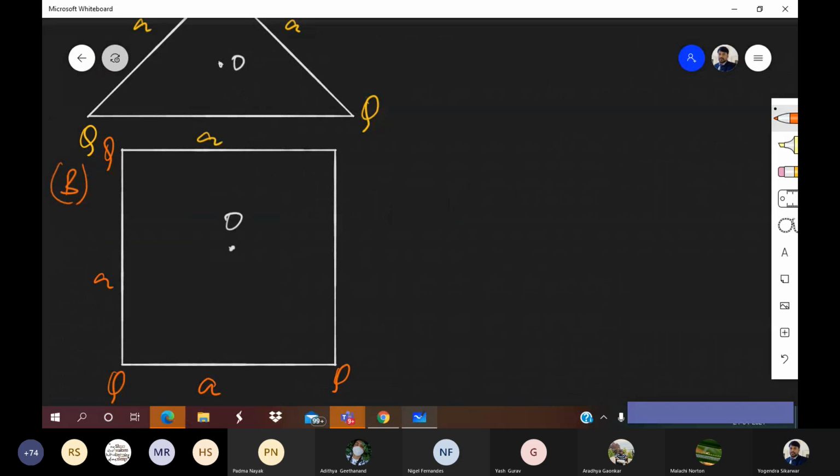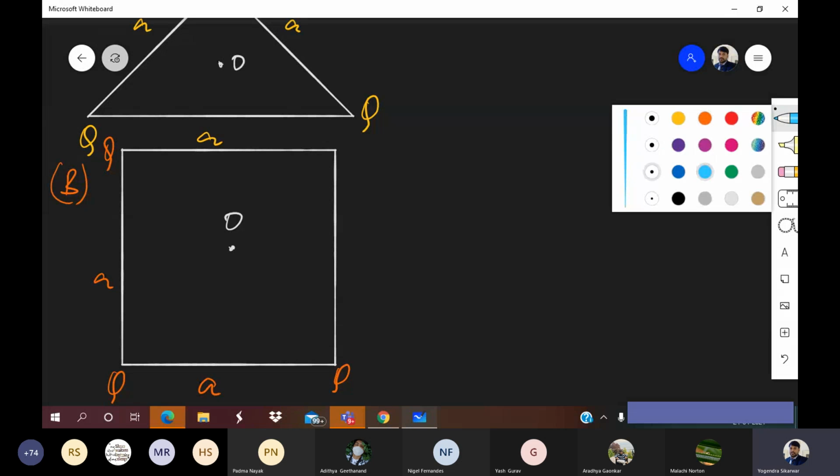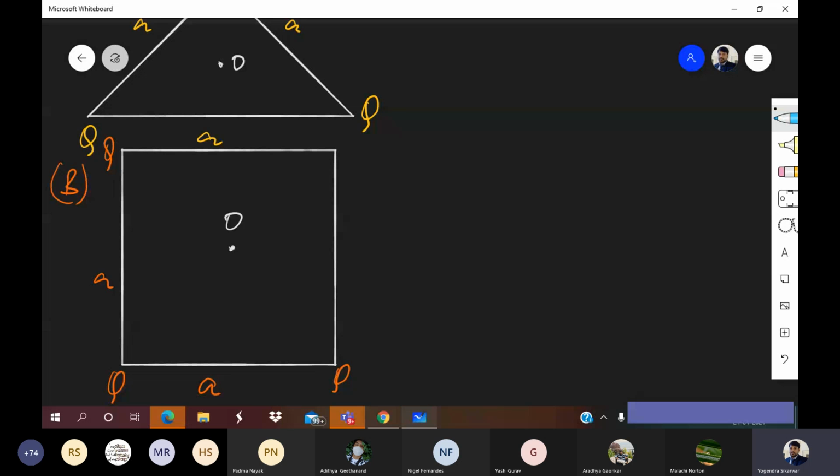Suppose I get one more identical charge from somewhere and I put it here, then E at O becomes 0. Yes or no?